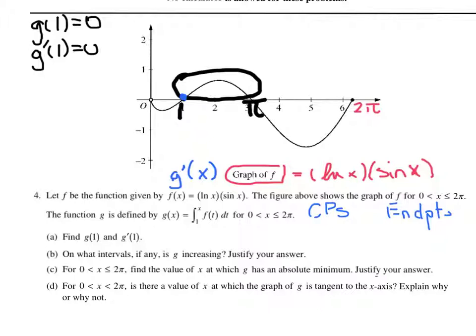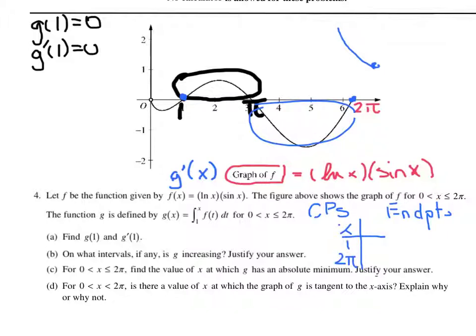Now the endpoint, a possible absolute minimum, would also be at 2 pi, because we notice that the slope is negative. If you're decreasing, then the endpoint will be a minimum. So we have possible candidates when x is 1 or when x is 2 pi.